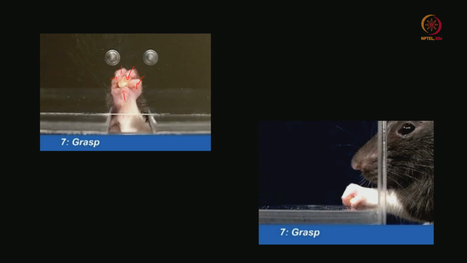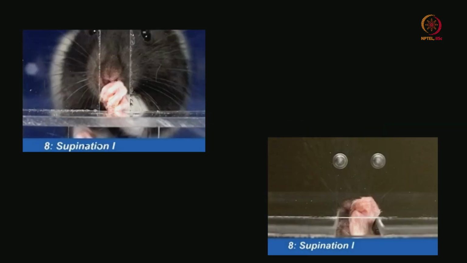So the seventh rating parameter is the grasp movement. Once it is grasped, as I said, there is a supination movement that happens. Alright. Once the food pellet is grabbed, the next natural step is to retrieve it into the box and then feed the pellet to itself.